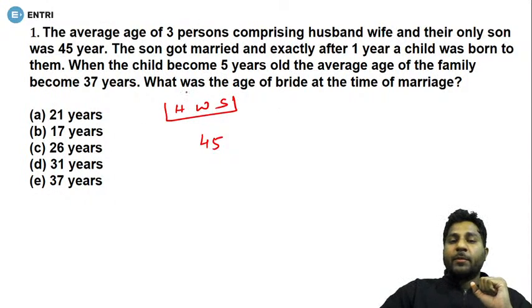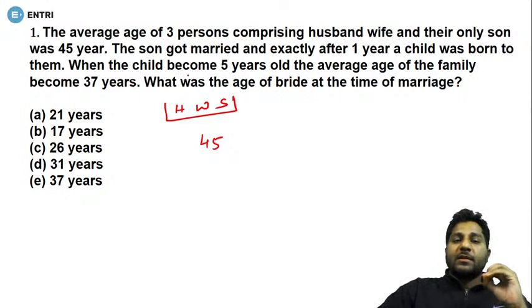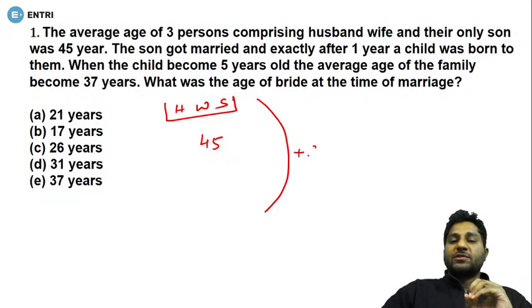When the child becomes 5 years old, that means the total journey goes to 6 years. Why? After getting married, after 1 year the kid was born. So when the child becomes 5 years old, the average age of the family becomes 37 years.